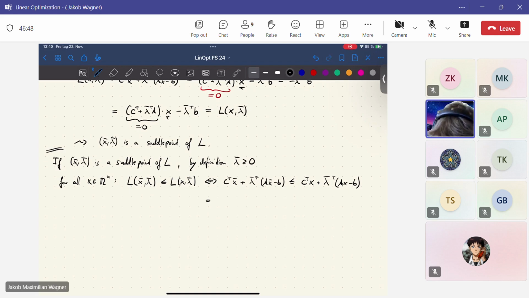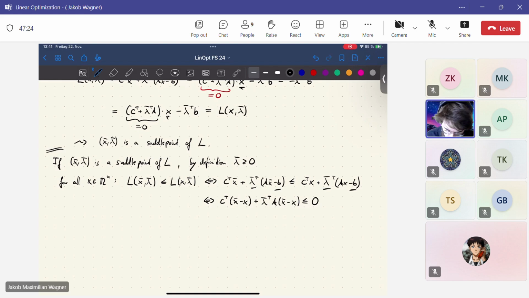So we say that this is equivalent to, first we have C transpose (x bar minus x), plus lambda bar transpose A (x bar minus x), and the lambda bar minus b term, this we have on both sides, so we can just subtract this, and this cancels out. And so we have sorted everything to one side, and we get that this is less or equal than 0.